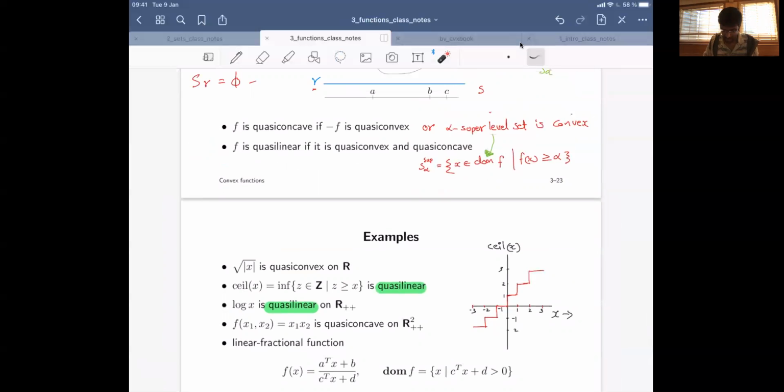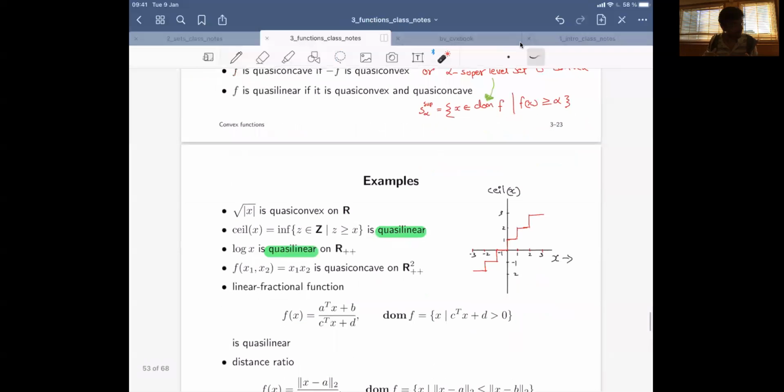The point is, for a function to be quasi-linear, it doesn't need to be linear. We just use the word quasi-linear, but it has nothing to do with linear functions. Of course, a linear function falls into this category also.